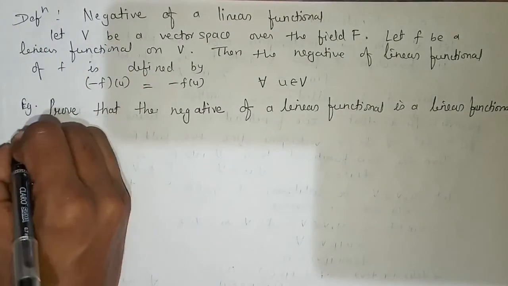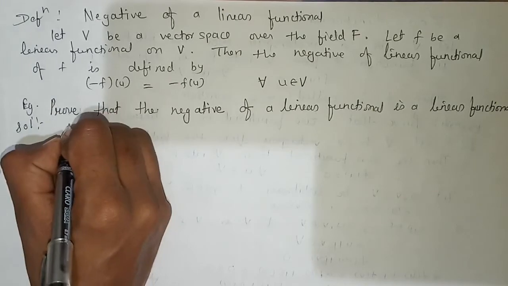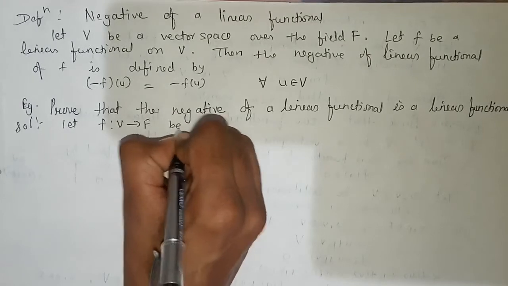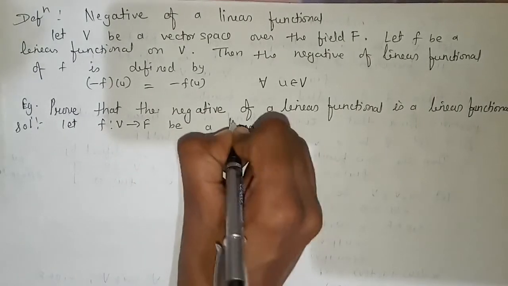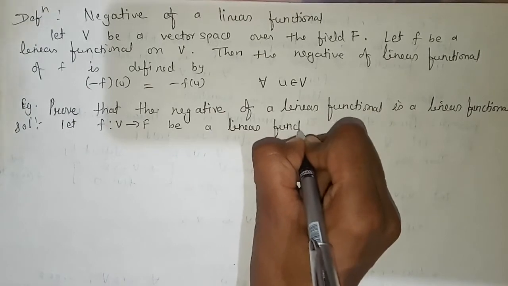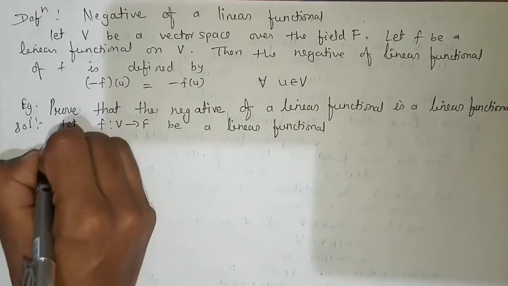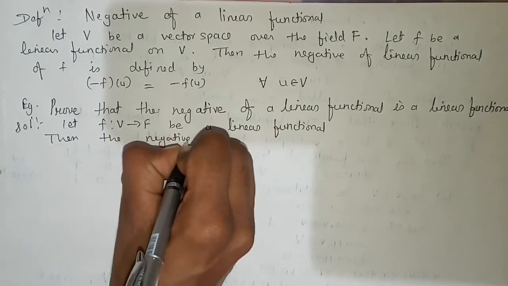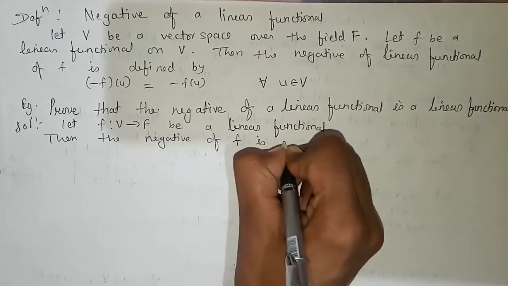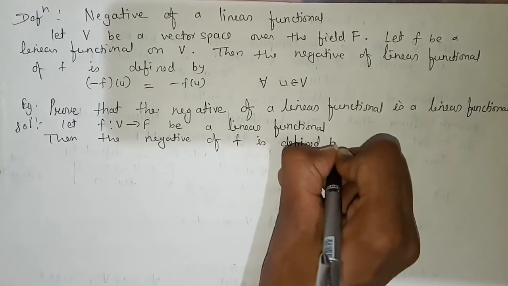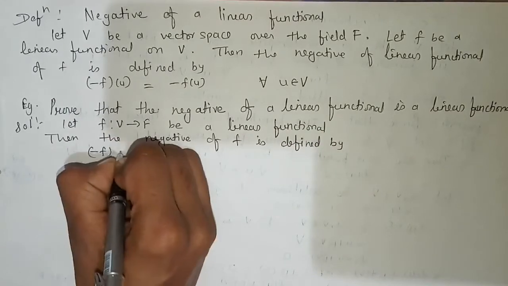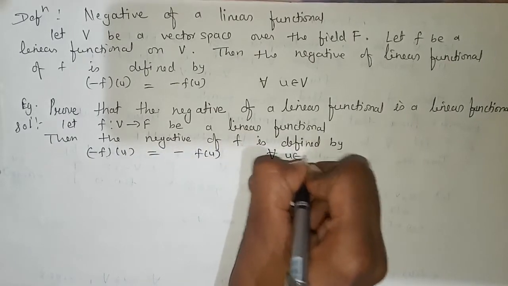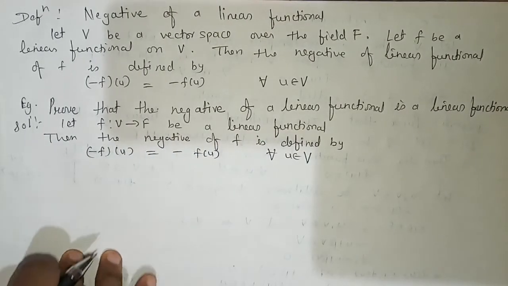To prove this, solution: again let f, a mapping from V to F, be a linear functional. Then the negative of f is defined by (minus f)(u) is equal to minus f(u) for all u belongs to vector space V.